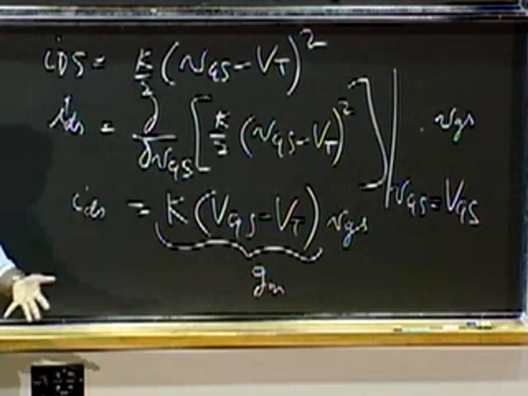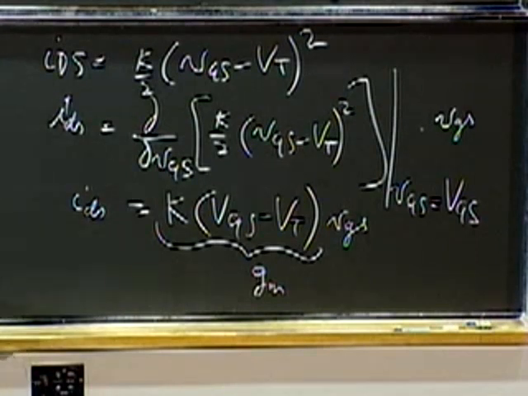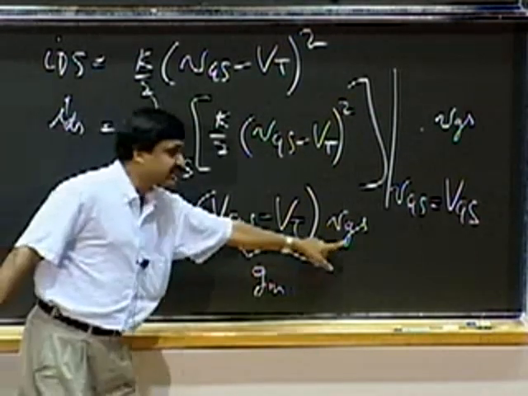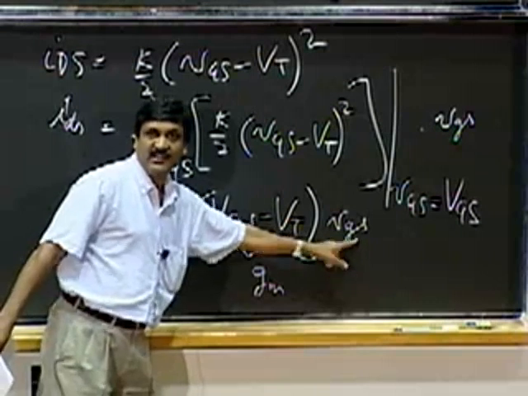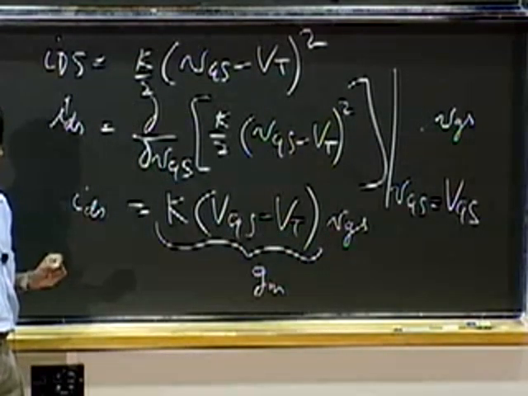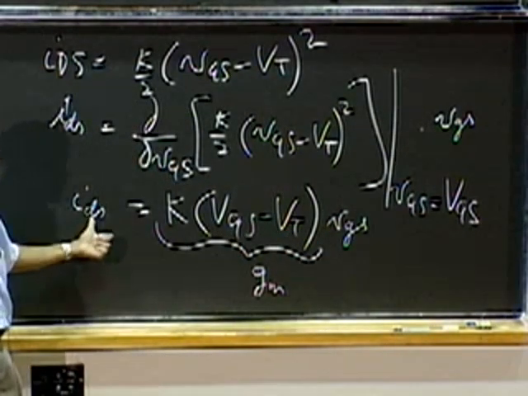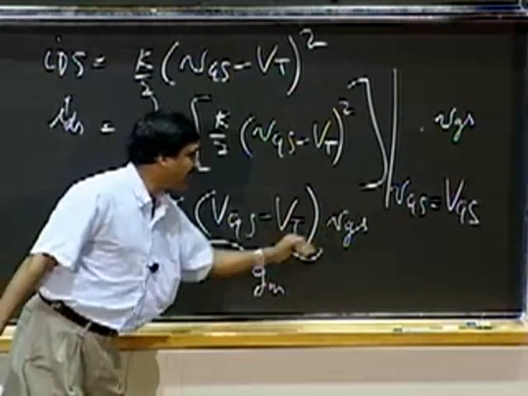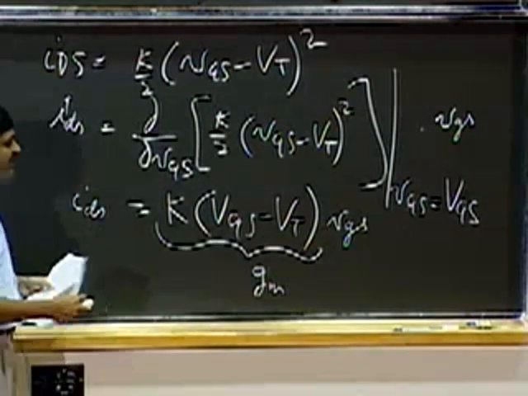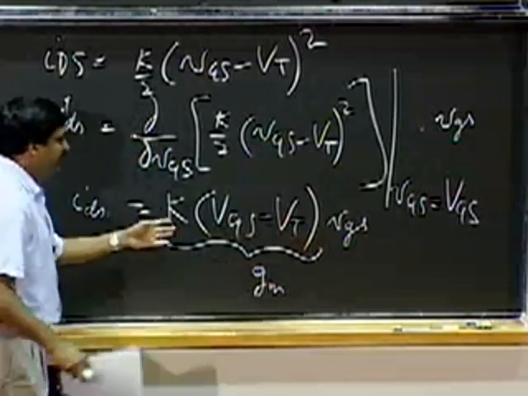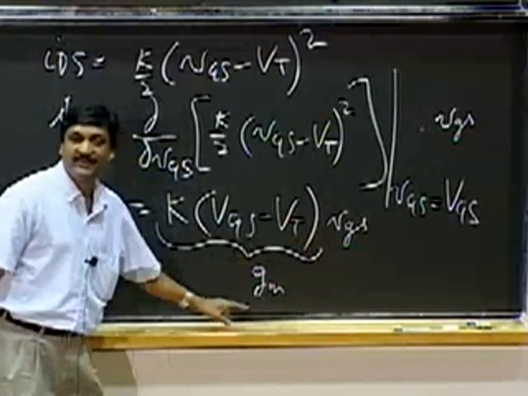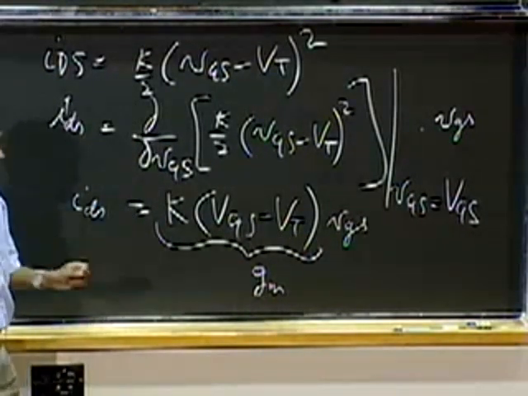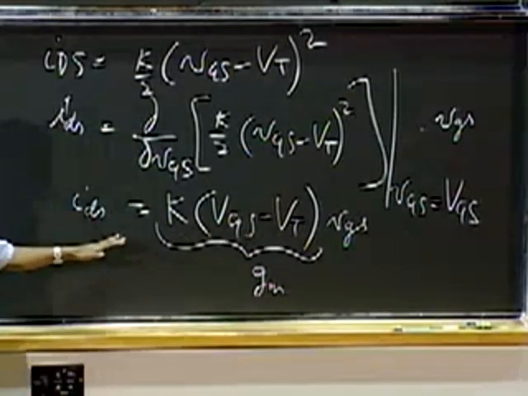Notice that the resulting small signal model is also a dependent current source. It's a voltage-controlled dependent current source. The output is a current, and it depends on the input voltage. The good news is that this expression, GM, is a constant related to the bias point values.